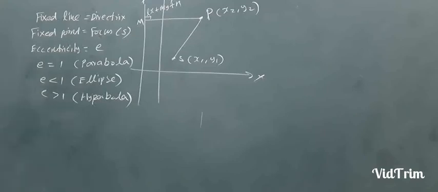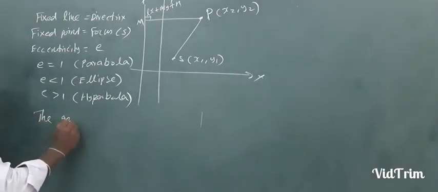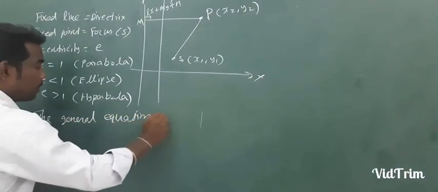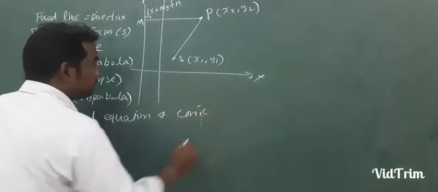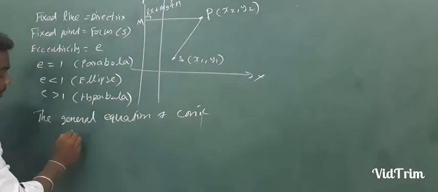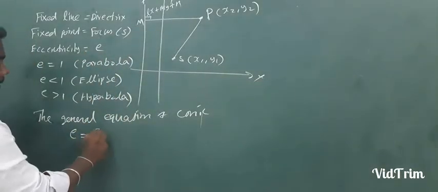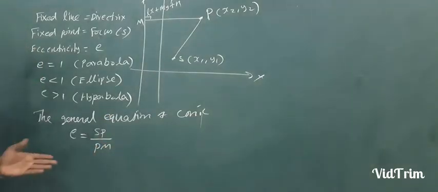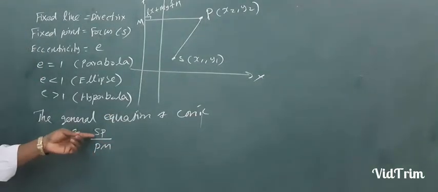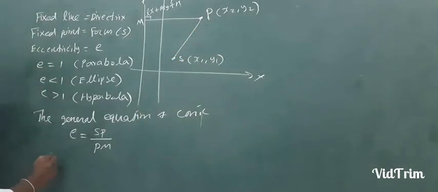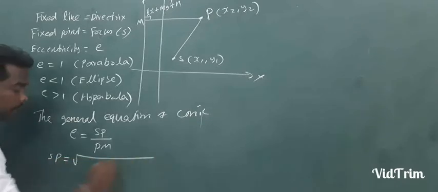The general equation of a conic, or general form: I told you the constant ratio is E, that is E = SP / PM. That is a very important equation. Here SP is the distance between two points, SP = square root of (x2 - x1)^2 + (y2 - y1)^2.